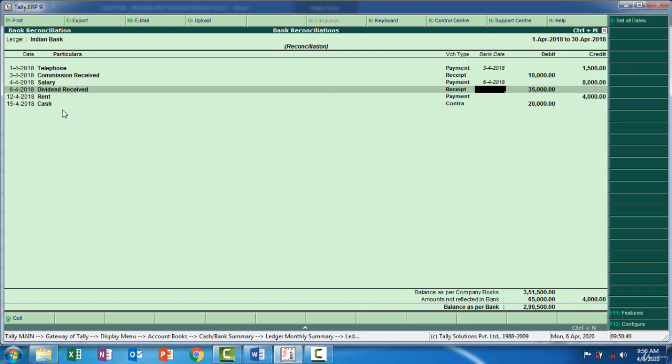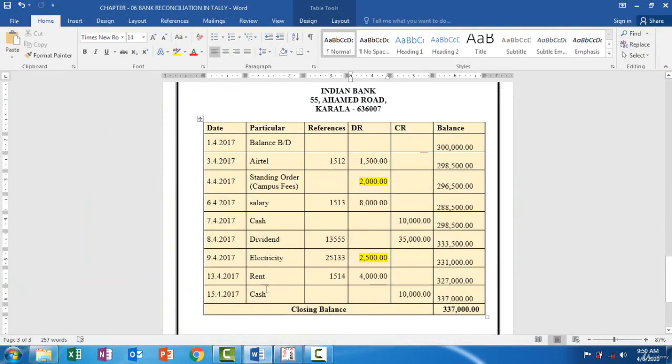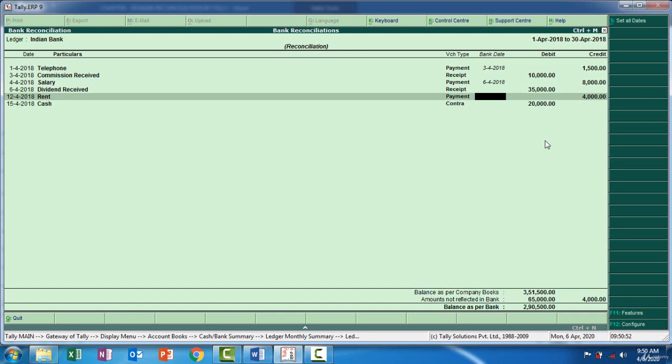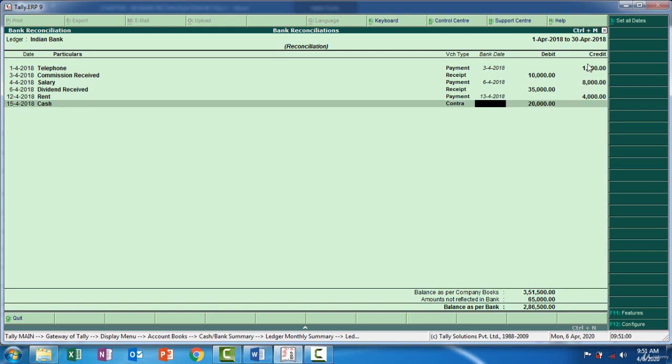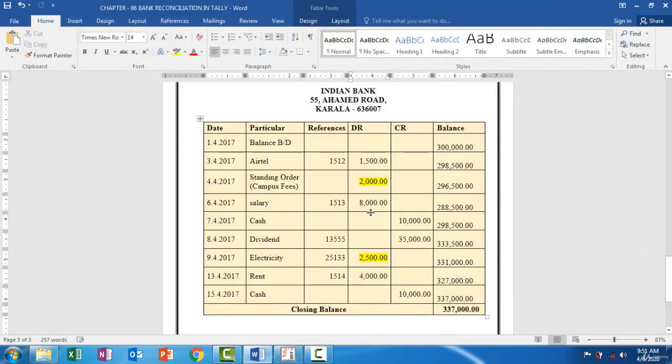So we gave the cheque for the rent on 12th April, but it was actually collected on 13th April, right? So we have to enter the date, 13th April, in front of the 4,000. So the credit side is done with the debit side. These are recorded, only the missing 2,000 and 2,500 are not recorded into our company book, right?